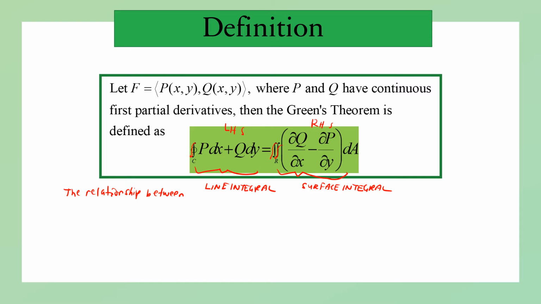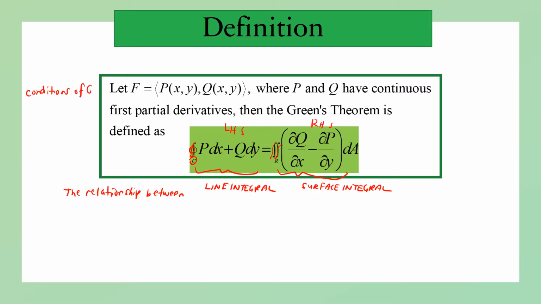You can see here at the left hand side with the single integration, C means it is a curve, and this notation like a circle means closed curve. Other than that, this notation means curve C satisfies the conditions of Green's theorem.